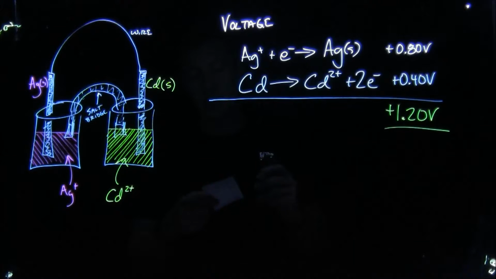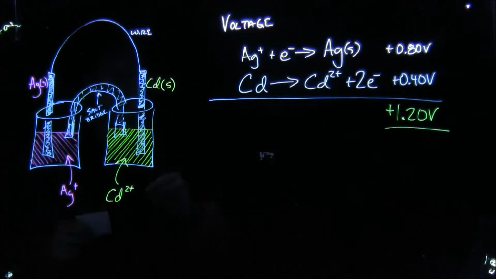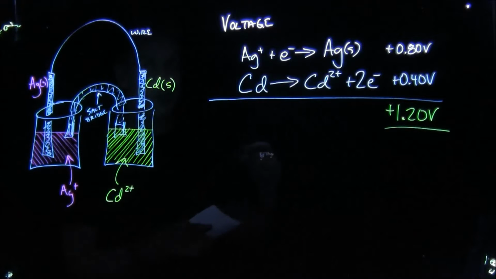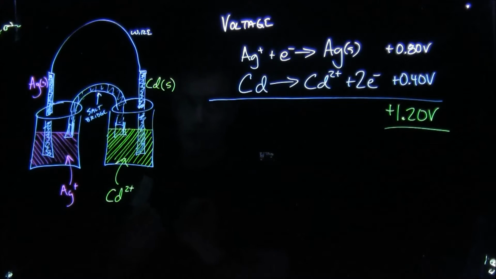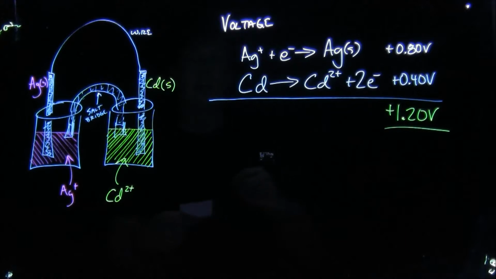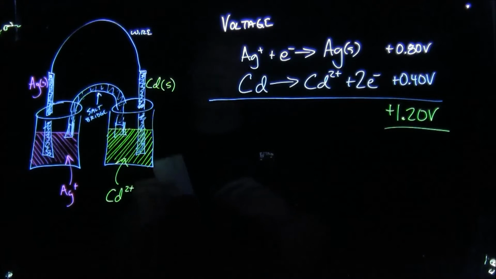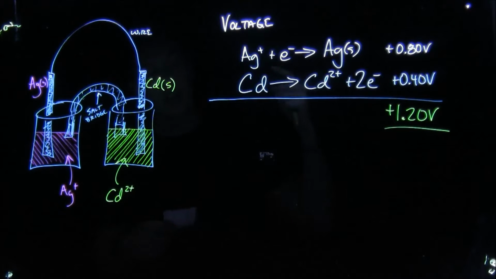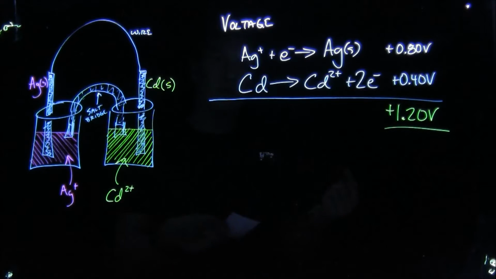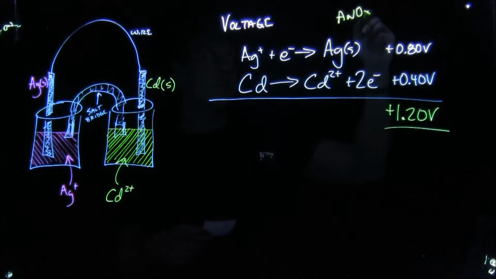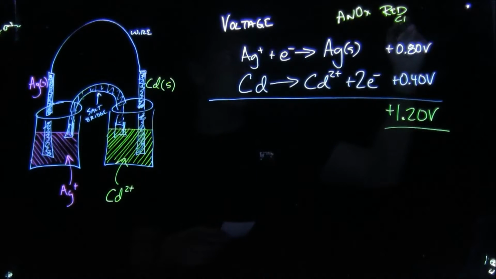It asks which side here is going to be the anode and which one is going to be the cathode. Well, the anode is the origin of electrons. The cathode is the recipient of the electrons. You can also remember it that the anode is the site of oxidation and the cathode is the site of reduction, with the little acronym, An Ox Red Cat.